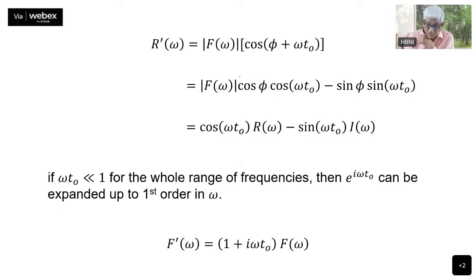There is one more thing which is missing here. I should put a bracket here. F(ω) multiplies this whole thing. So therefore, this is equal to cos ωt0 R(ω) minus sin ωt0 I(ω). Where does this come from?